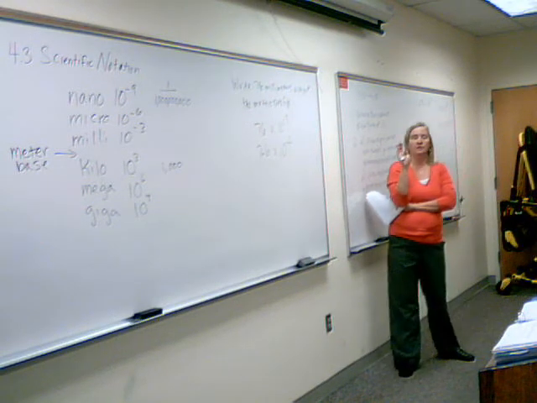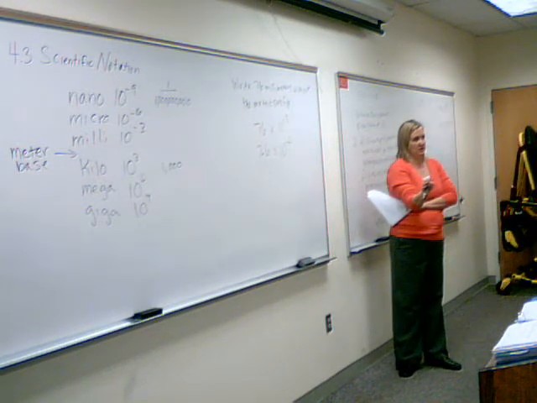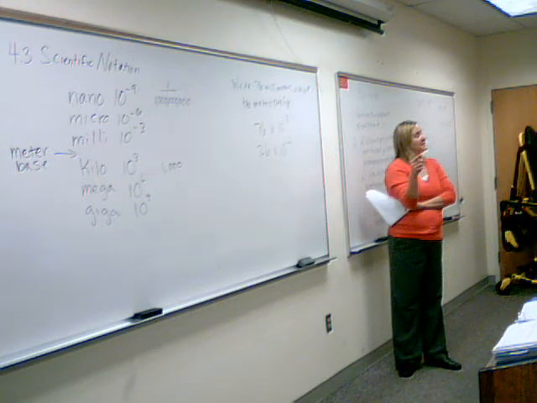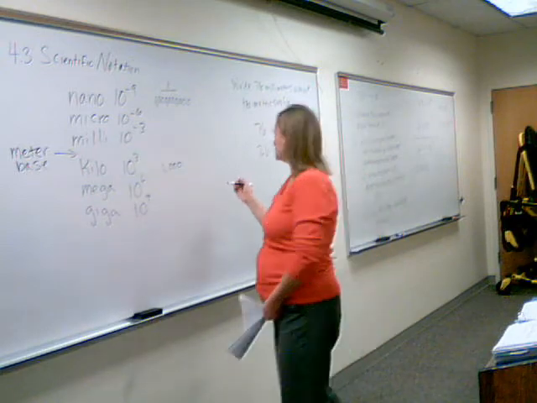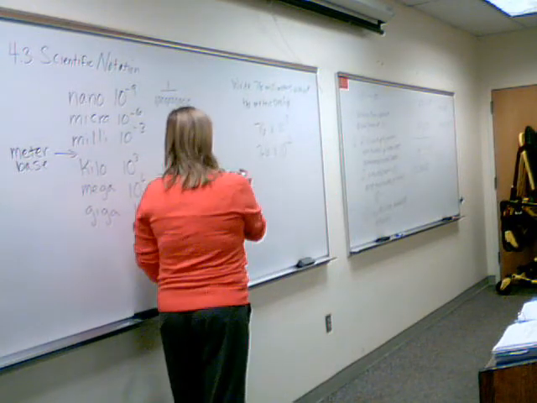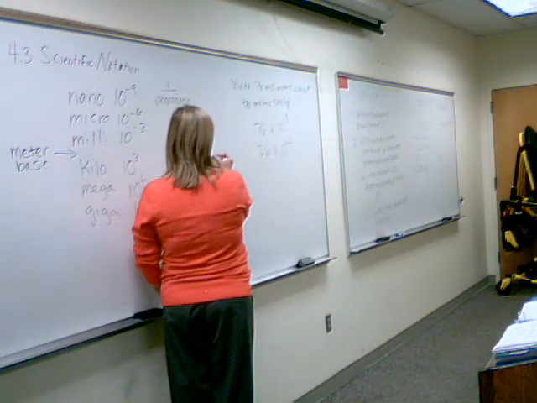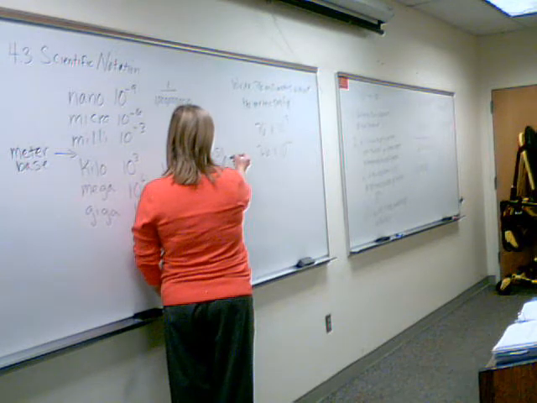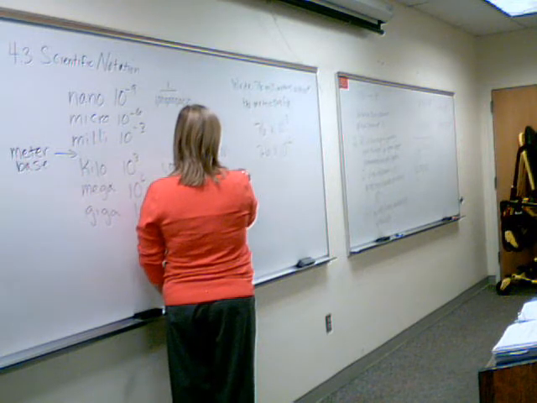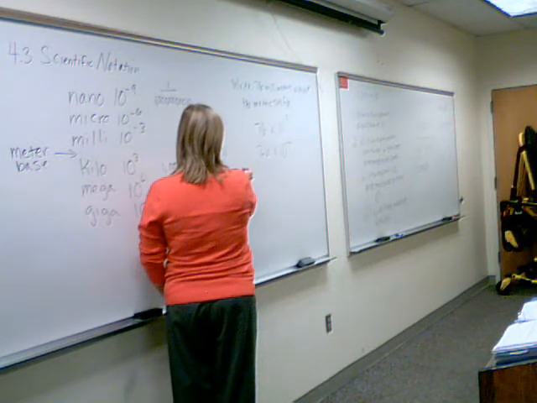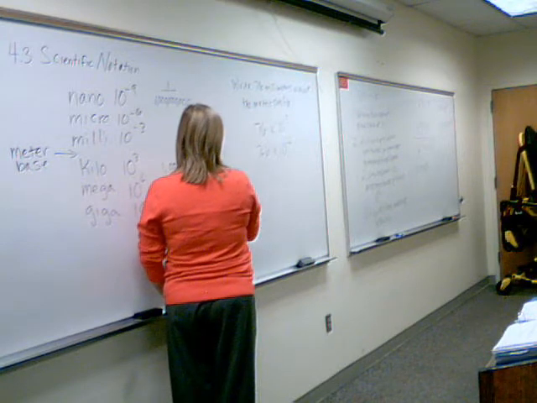Remember when I go from a number to scientific notation and I go left, it's a positive. Let me write a shorthand here. If I go number to scientific notation, then moving the decimal left is positive, right is negative.